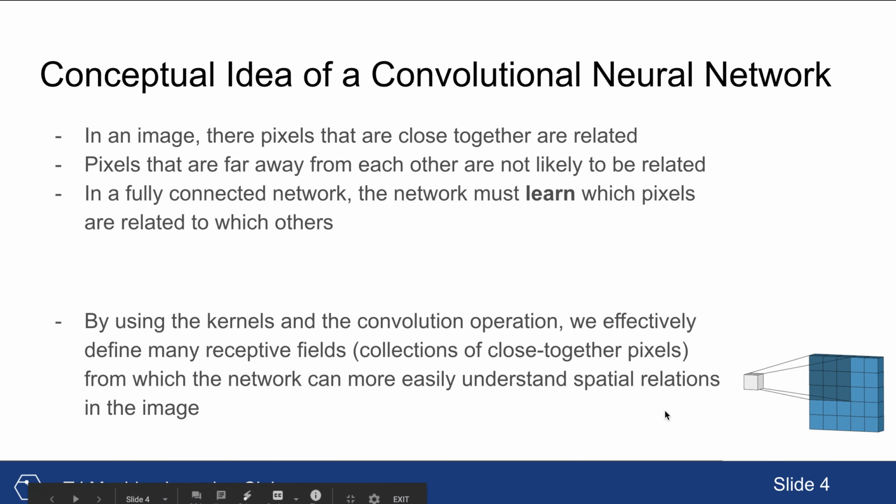Okay, so moving on from that, let's talk about what a convolution is. The conceptual idea is that a convolutional neural network is very similar to a neural network, except it relies on this operation known as the convolution.